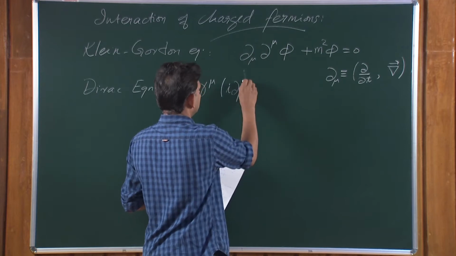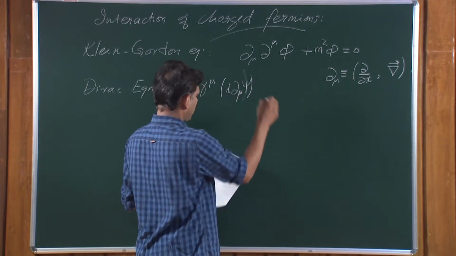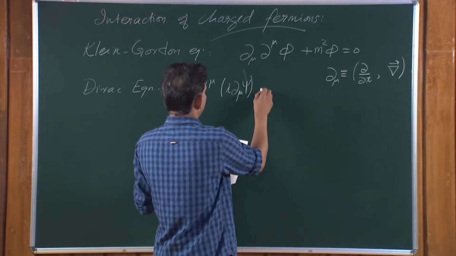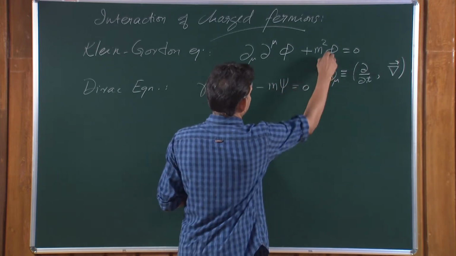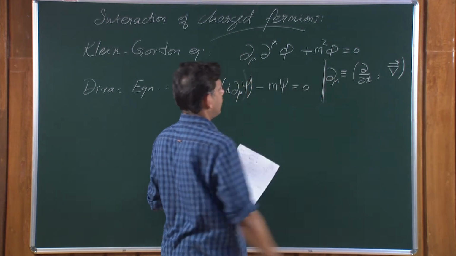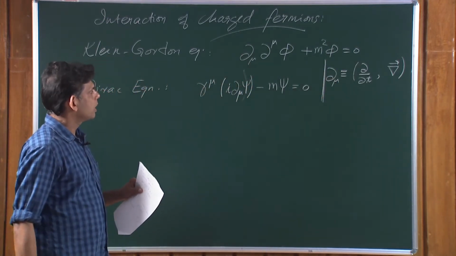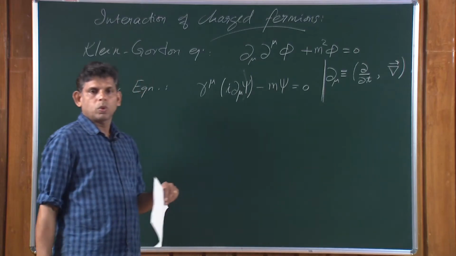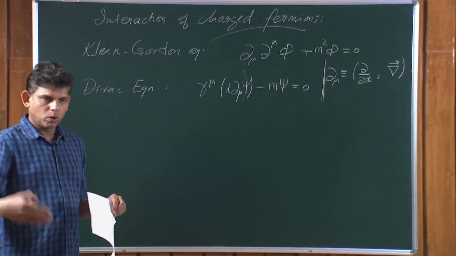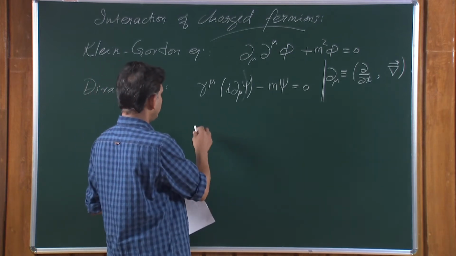This acting on psi, minus m psi is equal to 0. So, that is the Dirac equation.